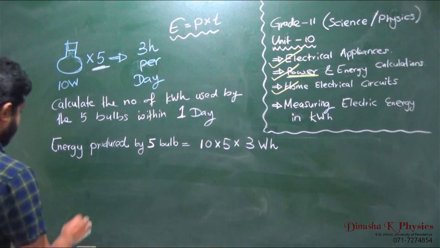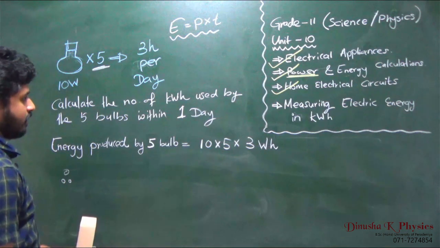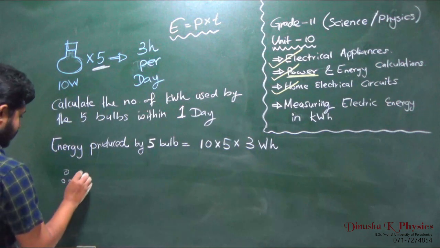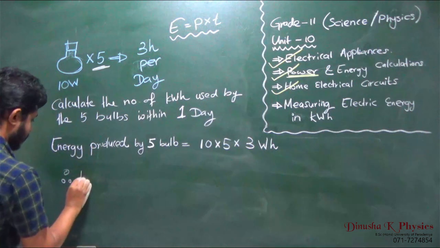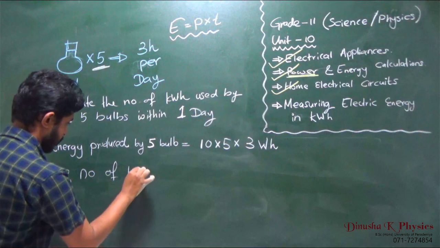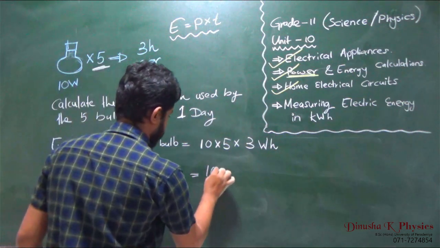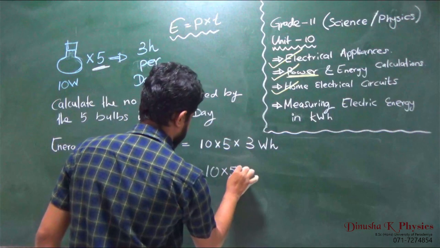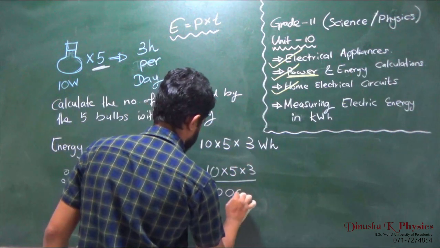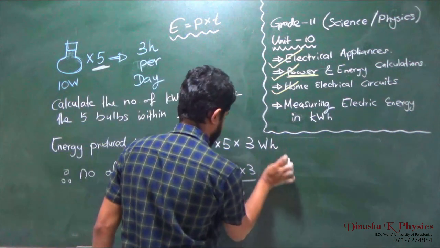To convert to kilowatts, we have to divide this by 1000, so then we'll have kilowatt hours.